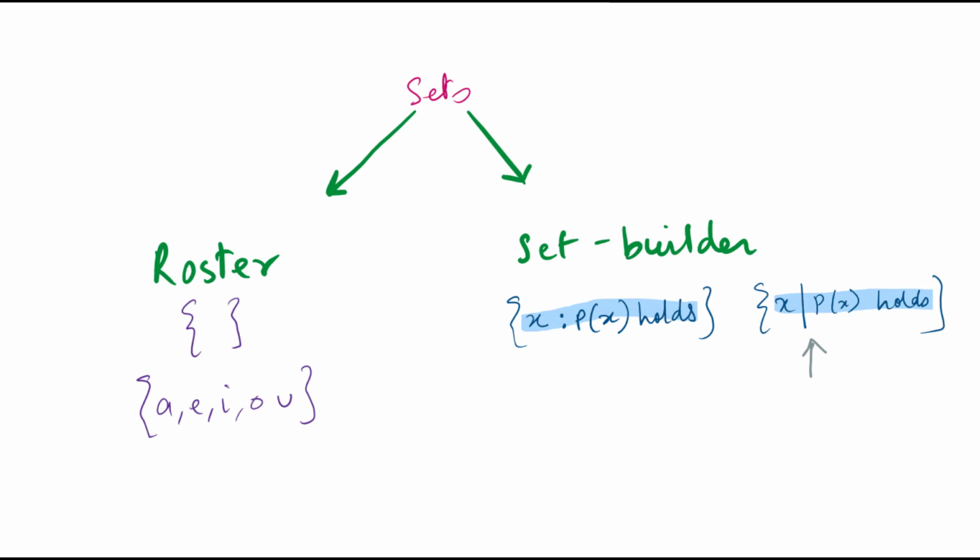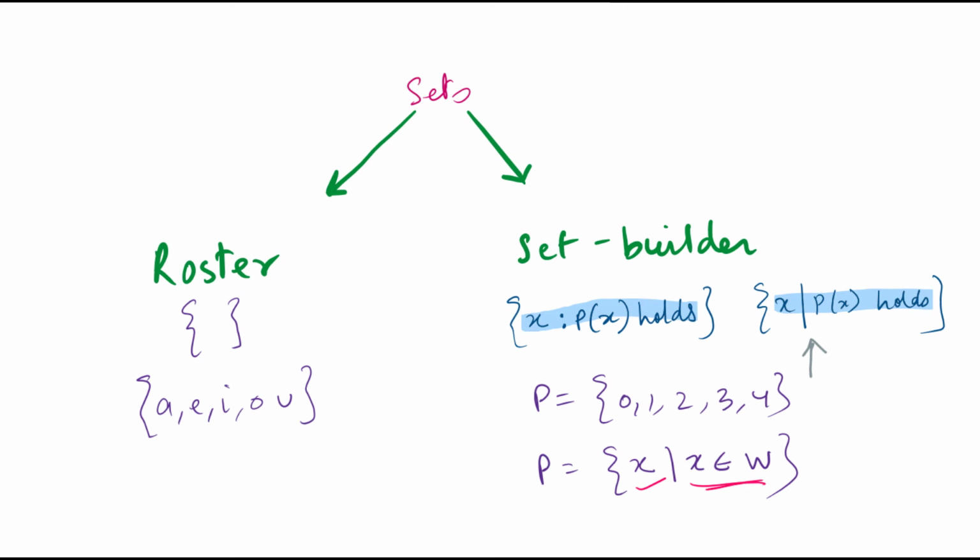Just remember that. Now for example, we have P equal to {0, 1, 2, 3, 4, ...}. Then we can write P as {x : x belongs to whole numbers}. So what is happening here is P is the set of x where x is a whole number.